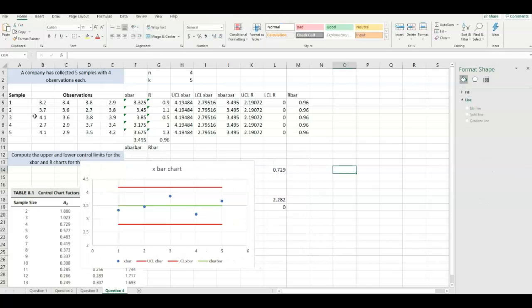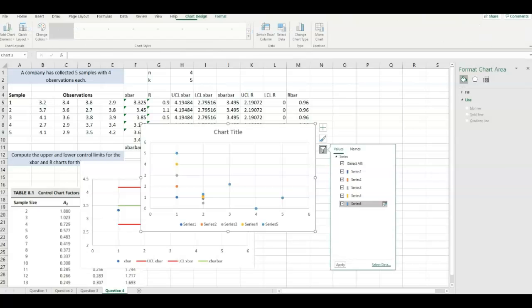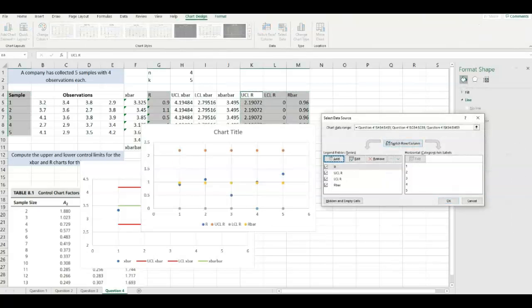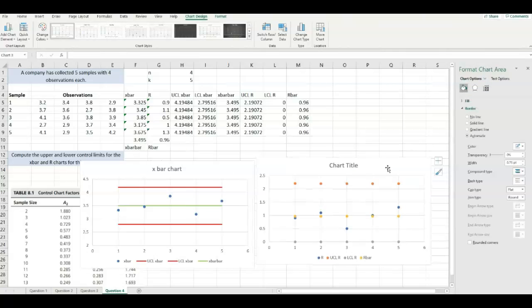So to create the R chart, we're going to follow a similar pattern to what we just did for the X bar chart. Select our sample, select the R's and our upper and lower control limits. Insert a scatter plot. We're going to need to flip around our rows and columns again. And we now have an R chart.